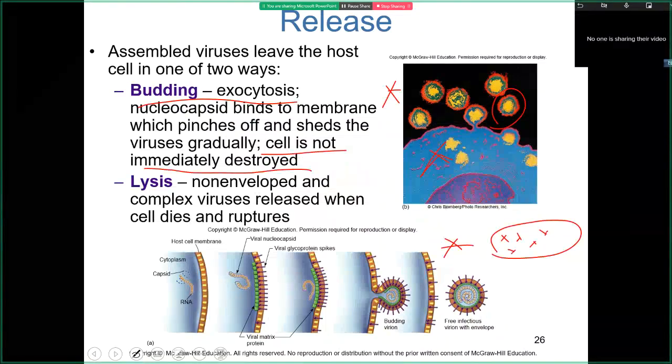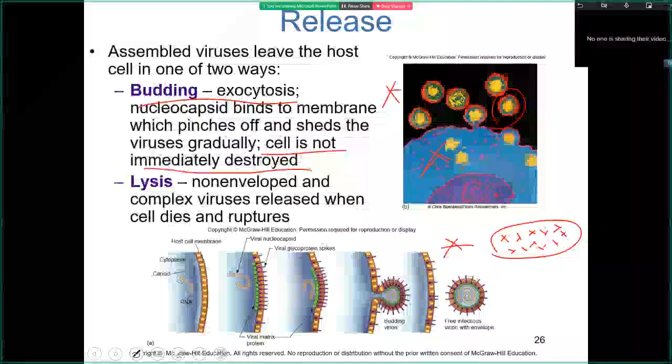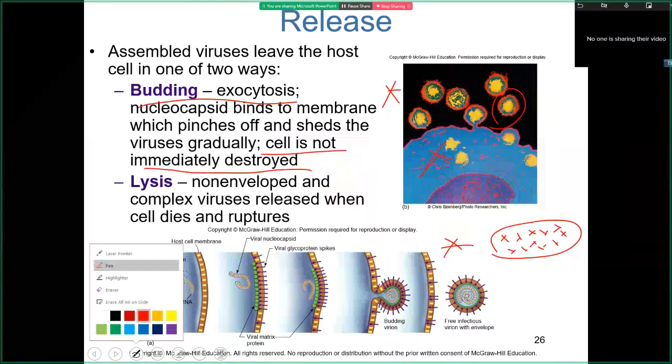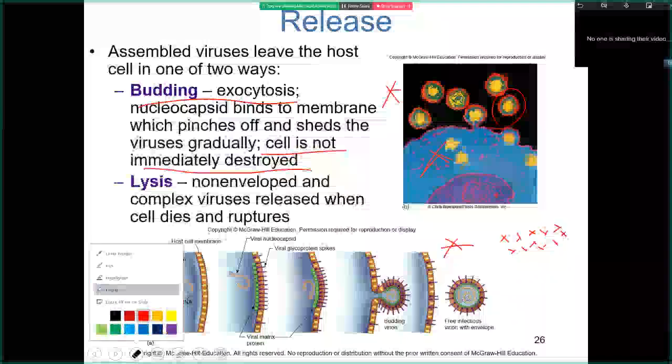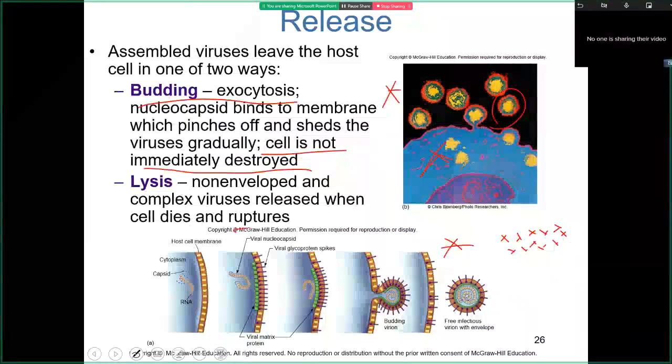So as the viral particles build up and build up and build up, eventually that cell can't take it anymore, and it literally just sort of blows wide open, the outer covering goes away, and those viral particles are released all at once. Okay, so that's lysis. The operative word here is rupture. The cell literally ruptures and releases the viral particles.